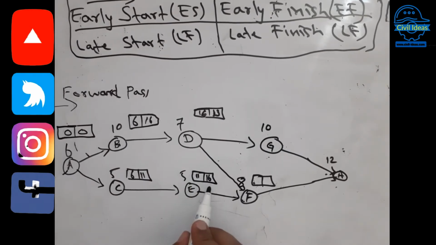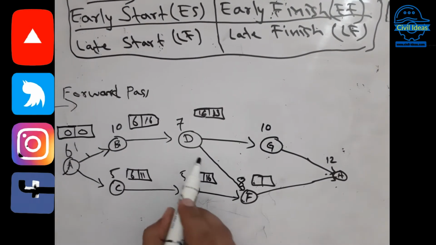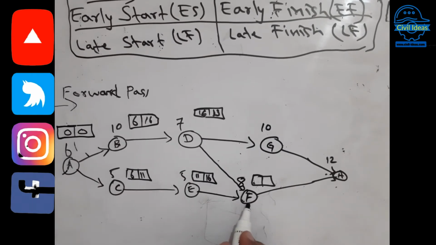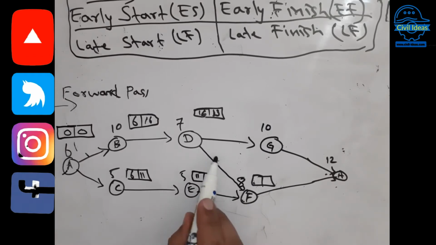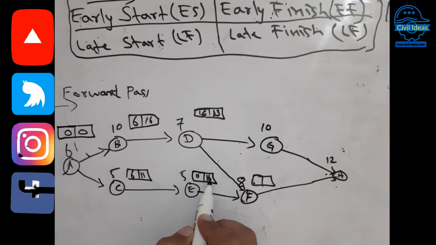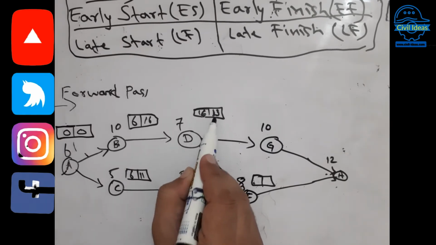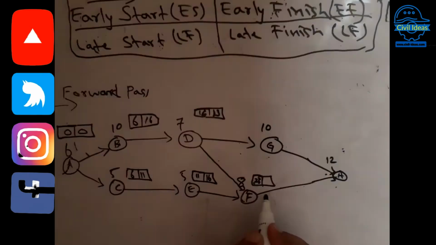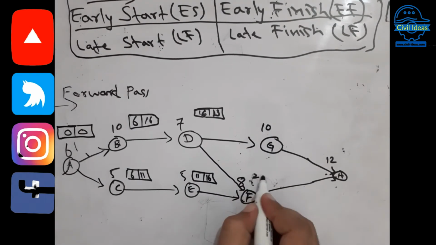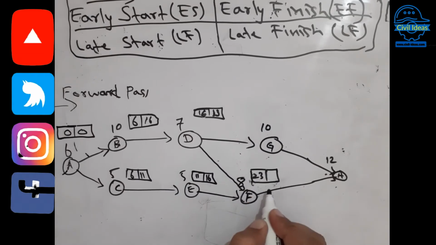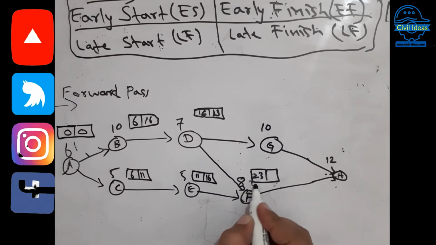If you take 16 days, you still have to wait for both D and E to finish before starting F. So you cannot take the early finish of activity E; you have to take the maximum value. Here we take the early finish time 23. Now 23 plus 8, that is 31.